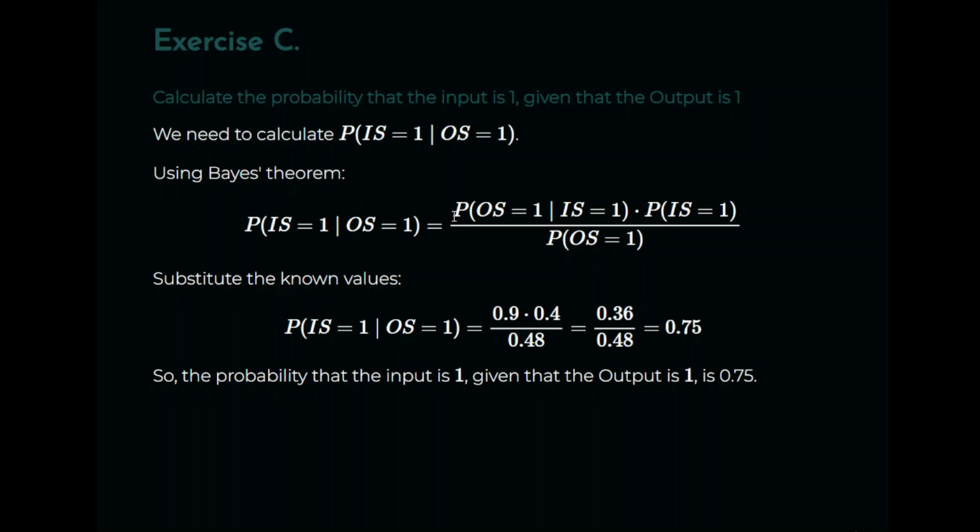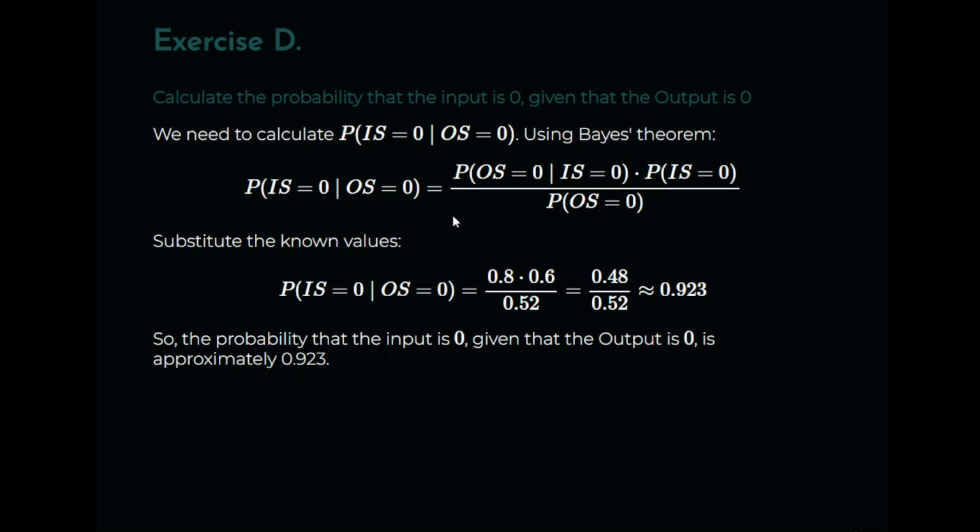That's something we've used already in previous questions. That was 0.9 times 0.4. Okay, that's the numerator. The denominator we have found in exercise A. That's the probability of OS equal to 1, and that is 0.48. Okay, so it's 0.36 divided by 0.48, and it is 75%, 0.75.